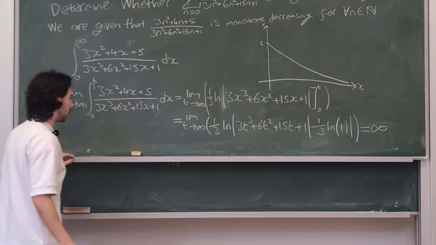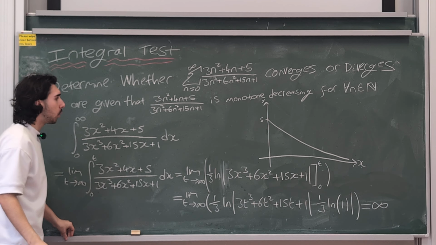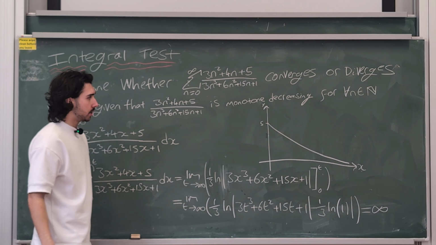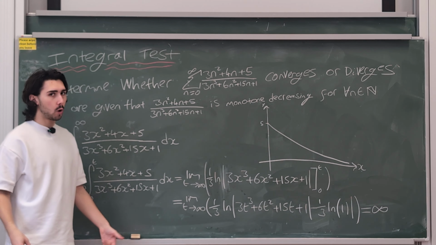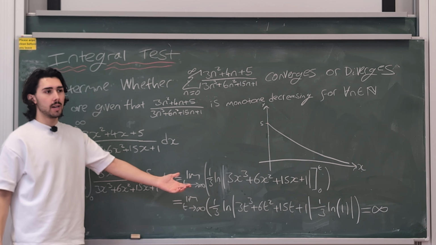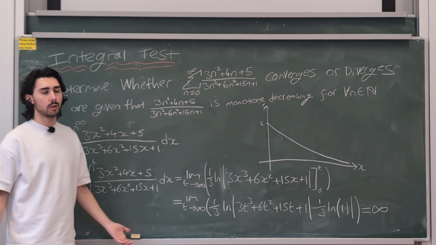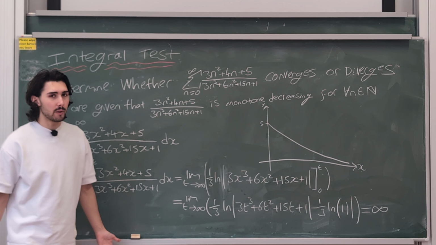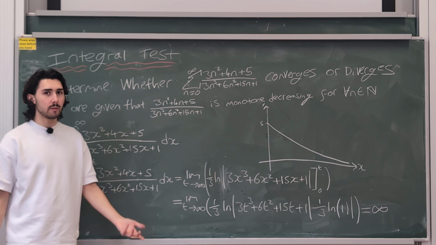which means that the integral diverges. What does that mean with respect to the sum? Well, if the integral diverges, then we can't use it to show that the sum converges. We can show that it's less than the integral, but it's less than infinity. That's useless. It could be any number. It could still converge, but it could also diverge. If it's less than or equal to infinity, it could still be infinity.